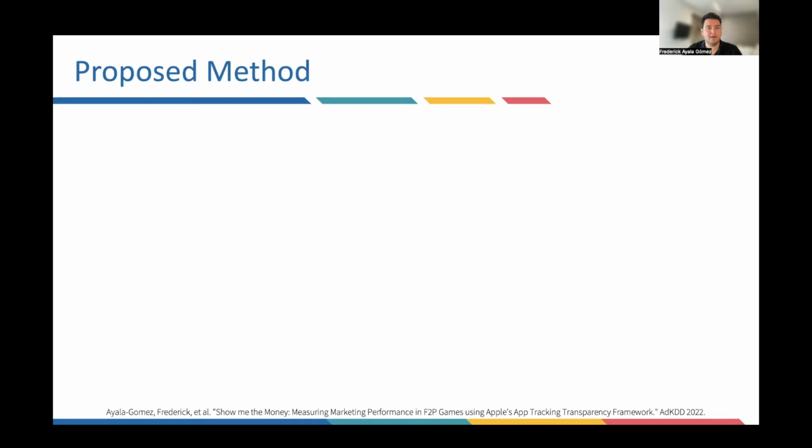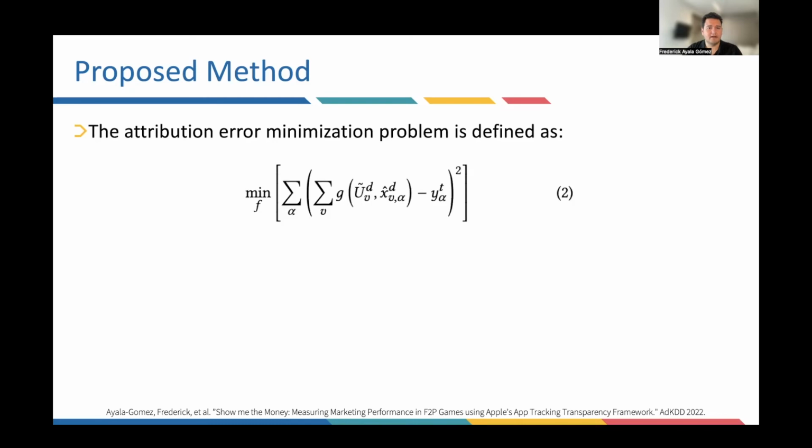All right, let's look at the proposed method. First, let's see the error minimization problem. So what we're trying to minimize is the difference between doing revenue attribution based on conversion values for a certain campaign and the actual revenue that came from that campaign.